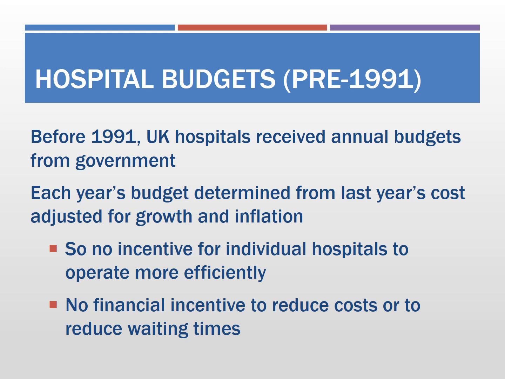So there is no incentive for the hospital staff to work in a more efficient way, and no incentive for the administrator to provide better care with fewer resources. At the same time, there is no financial incentive to reduce costs and also to reduce waiting time, which is the biggest problem in the Beveridge healthcare system.